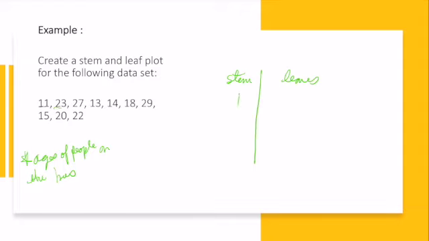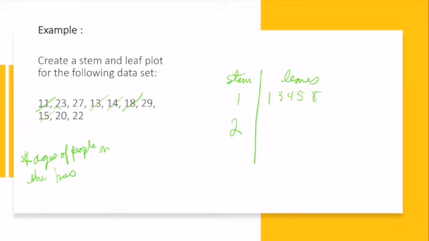And my leaves, if I start out with a leaf of 1, I'm going to have a 1, a 3, a 4, a 5, and an 8. Notice I'm not separating these with commas or anything like that. And we do go from smallest to largest.